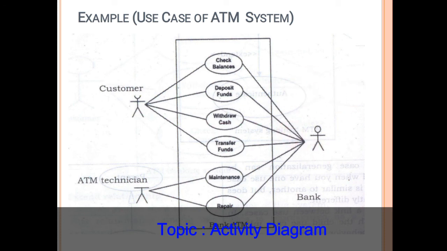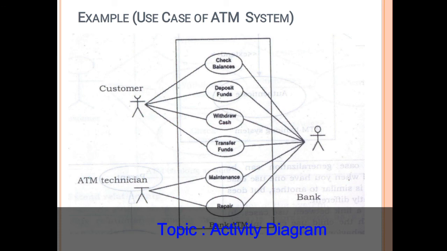This symbol is known as an actor. An actor can be a person, machine, system, and so on. Here the customer is a person, the ATM technician is one kind of machine, and the bank ATM system is one kind of system.